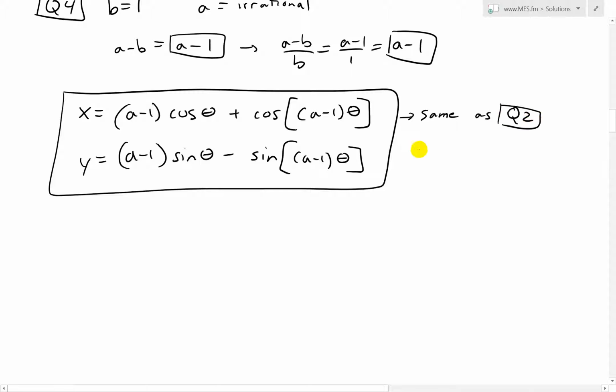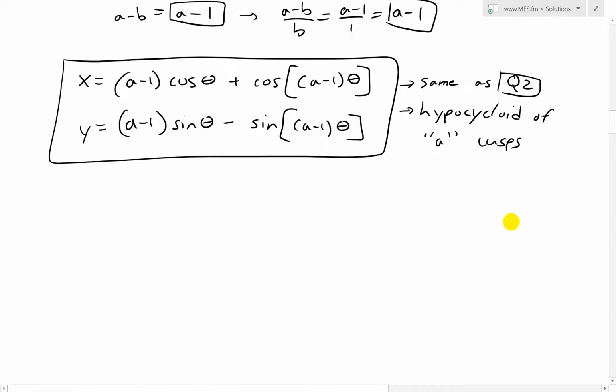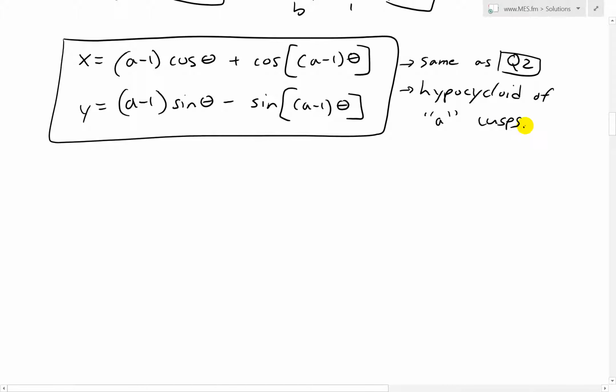What we ended up getting was a hypocycloid where the number of cusps was a, and remember the cusps are just the sharp points in the curve, which we'll get to further as I graph these.